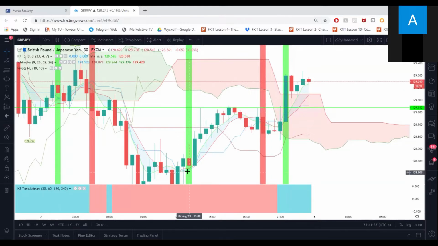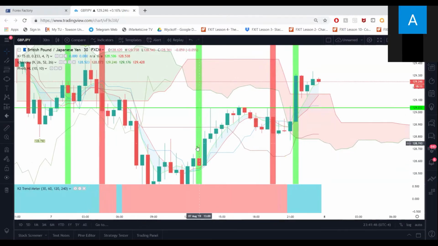Essentially, the green line is what the K2 signal is signaling for you to buy, right? And you want to wait on 30 minutes for this to close as a signal. In this specific case right here, let's highlight it so we are all on the same page, right?